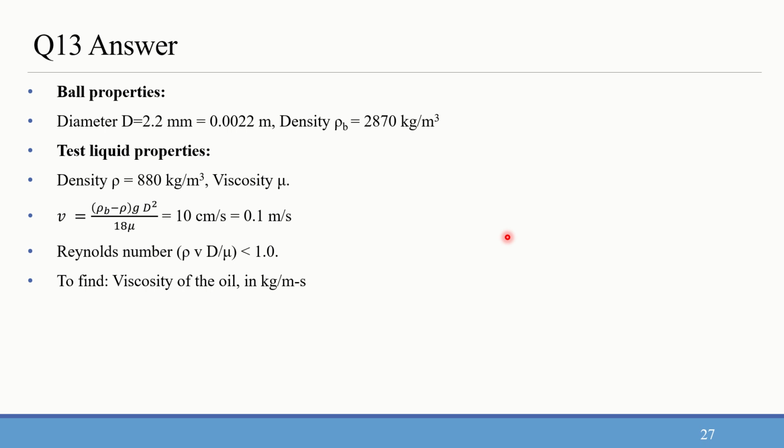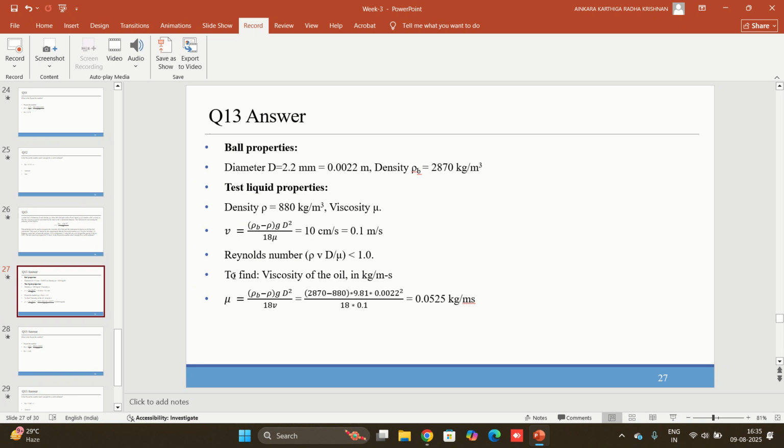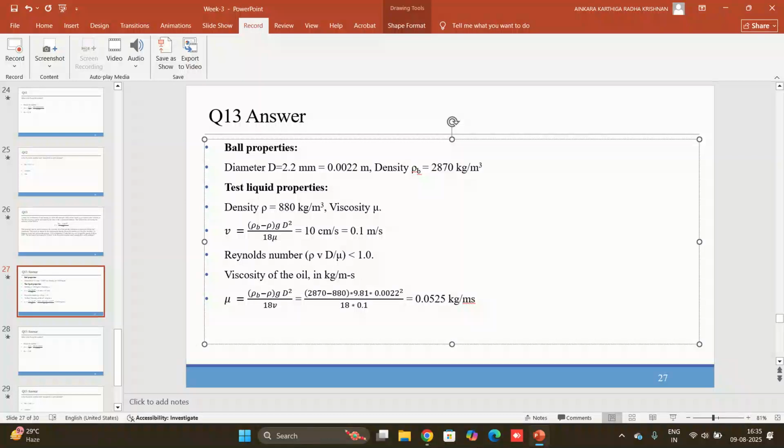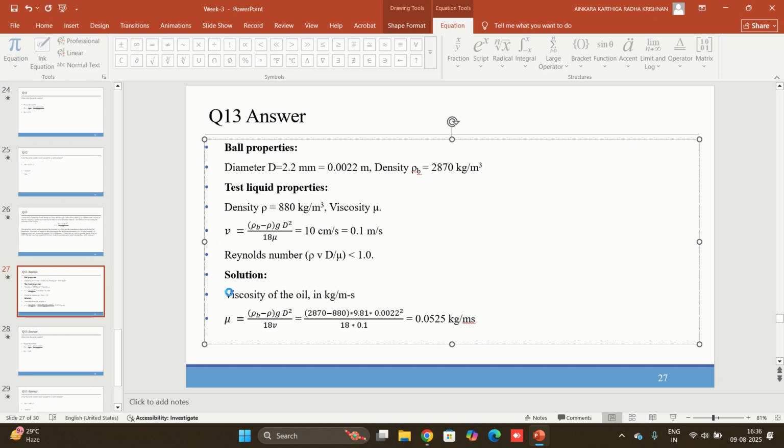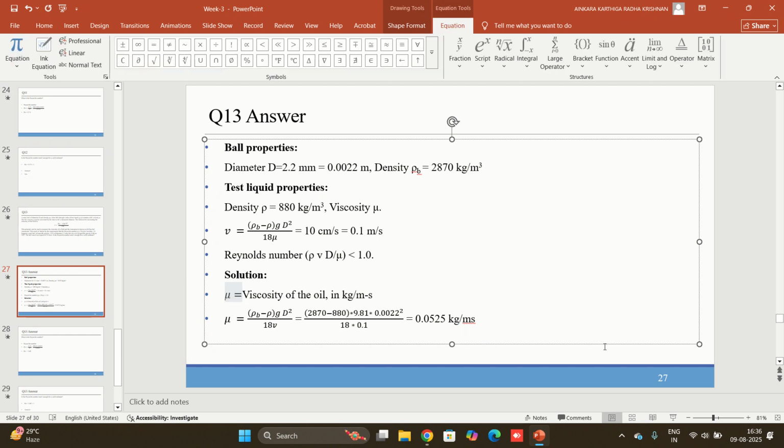We need not find it directly; first let us find mu, which is the viscosity of the oil in kg per meter second.